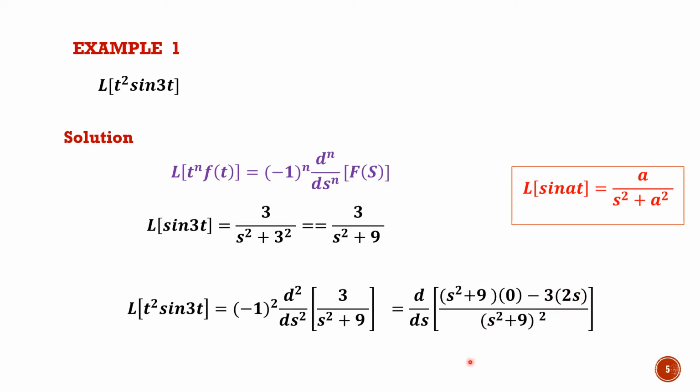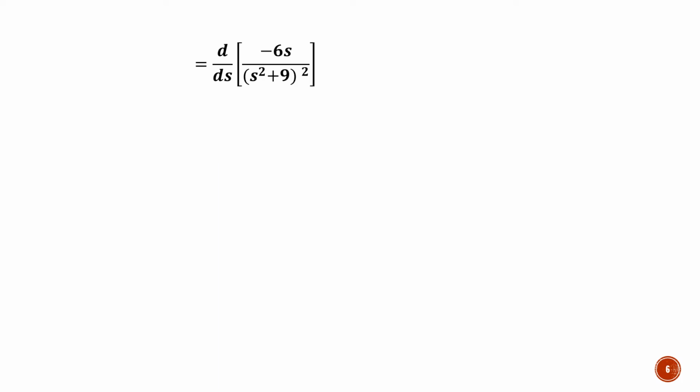So now we have to differentiate minus 6s upon s square plus 9 the whole square. Again we will apply the u by v method.